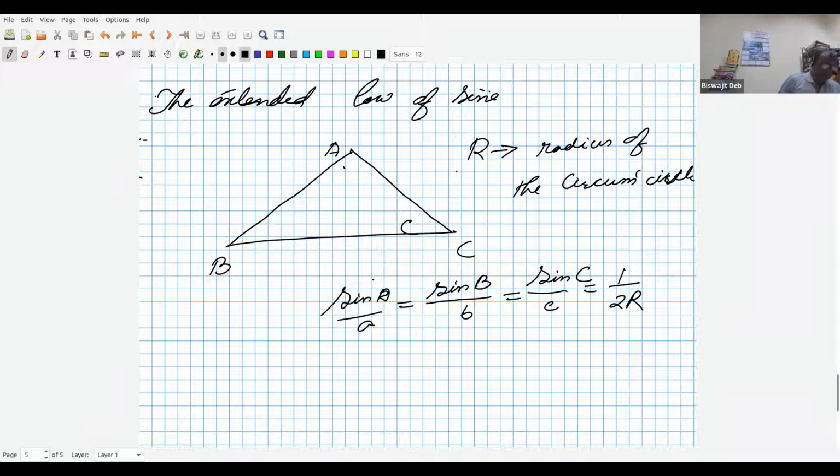Okay, so this result is known as the extended law of sine for triangles.